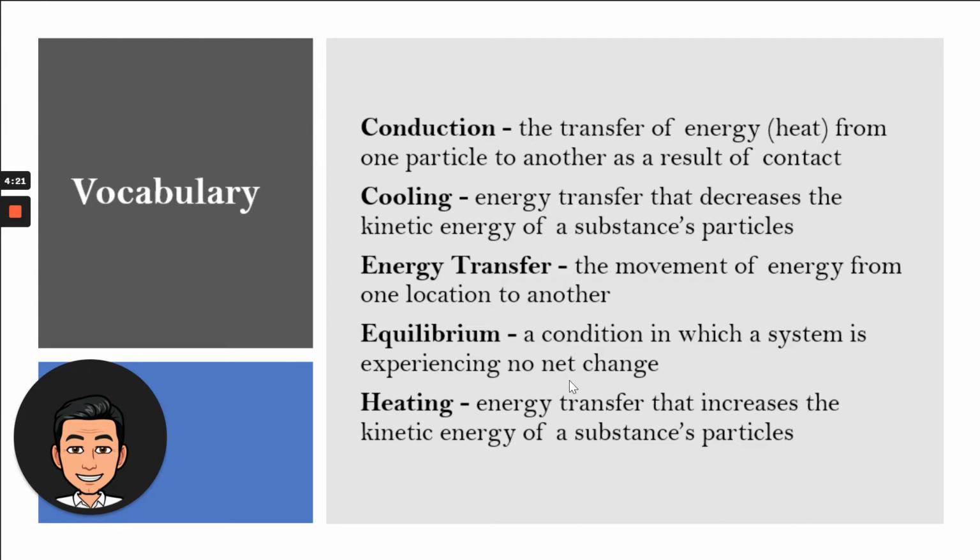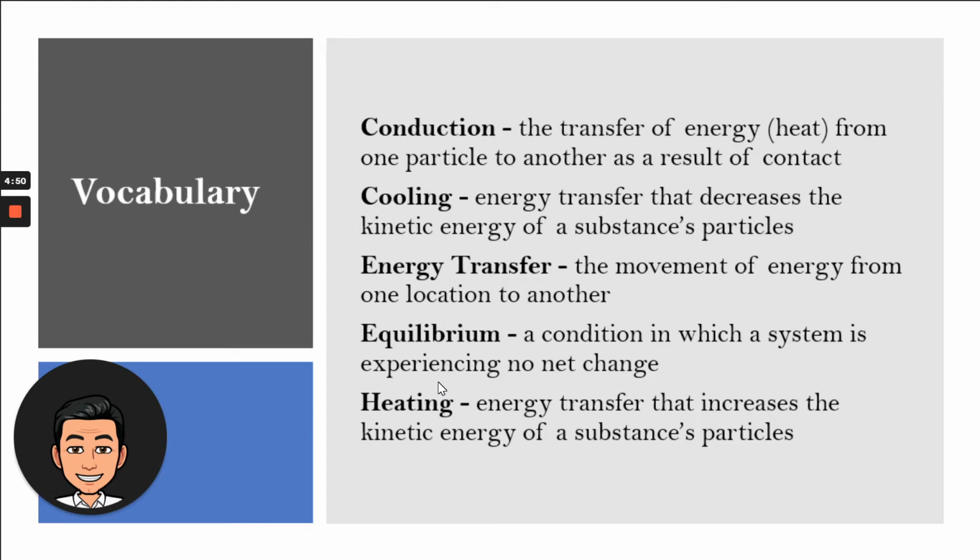Next, we have equilibrium. And so equilibrium is a condition in which a system is experiencing no net change. So if you imagine opening a door to the outside and letting a bunch of cold air into your room, eventually that cold air and that warm air are going to mix together, and those particles will hit, and the room temperature will all be the same again, but it'll be a little cooler than before because you let in cold air.